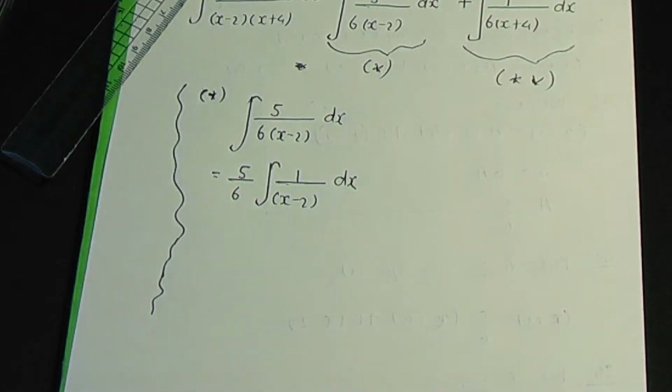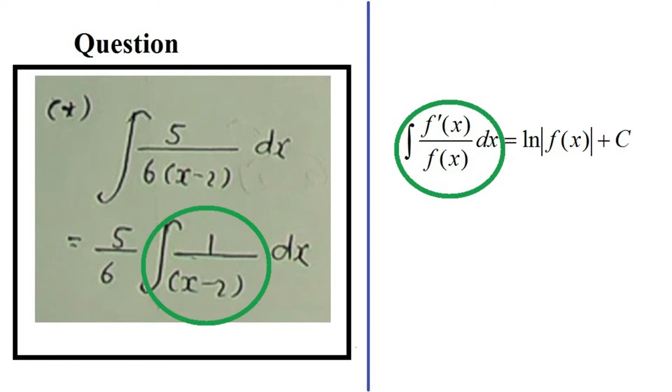Now, remember one of the results that we've seen in the previous video. If you integrate a fraction of the form f primed x over f of x with respect to x, the result is ln the modulus of f of x plus c. This is the very result that we're going to use to integrate 1 over x minus 2.